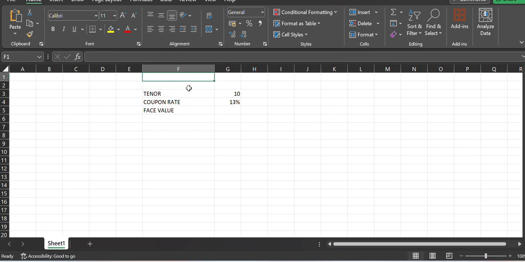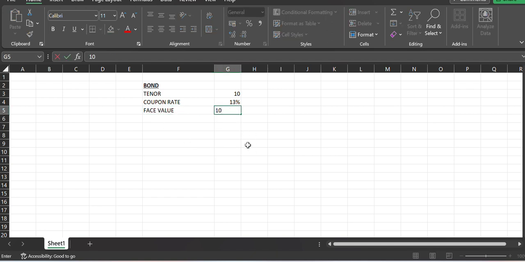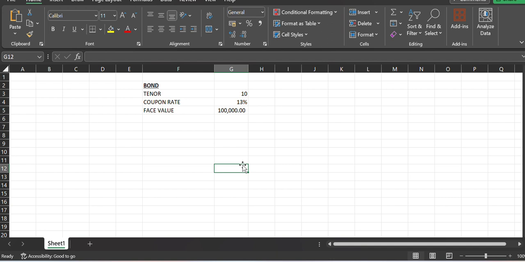So for this 10-year bond, how much you are going to get after 10 years is the face value. For our calculations, we'll assume that we want to get 100,000 kwacha after 10 years.